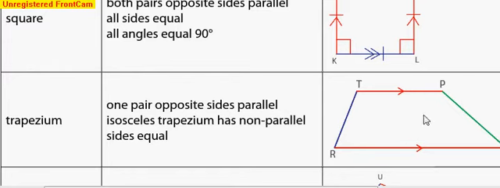We get a very specific kind of trapezium called the isosceles trapezium, where the sides that are not parallel, in this case T and R, and the P side, are the same length. But in general, for a trapezium, the only characteristic that you need to know is that one pair of sides run parallel to each other.